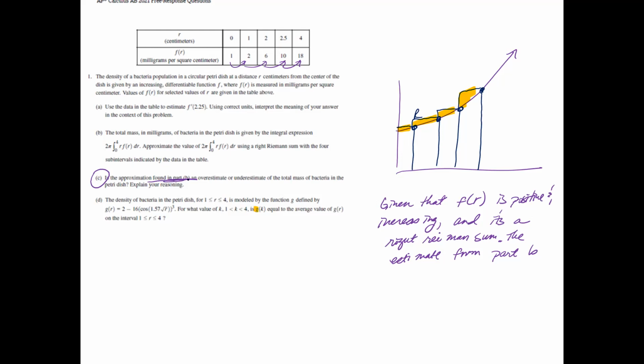Or you could say from part B, the estimate or the approximation from part B is an overestimate. And that sufficiently answers part C.